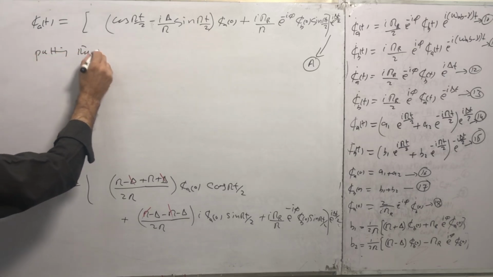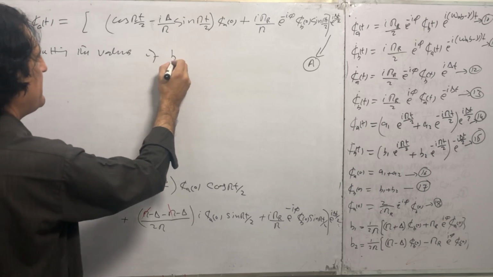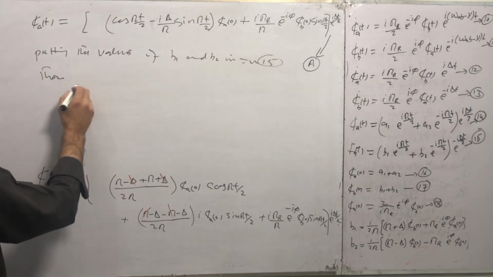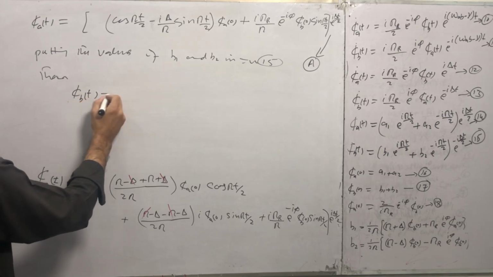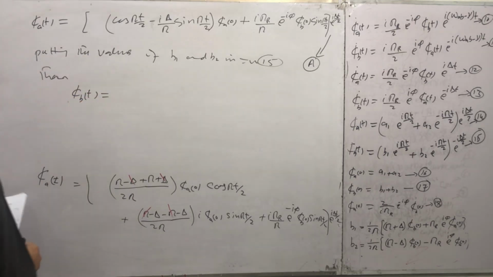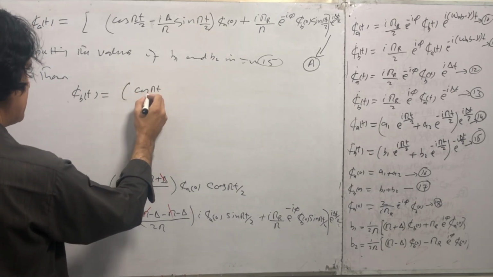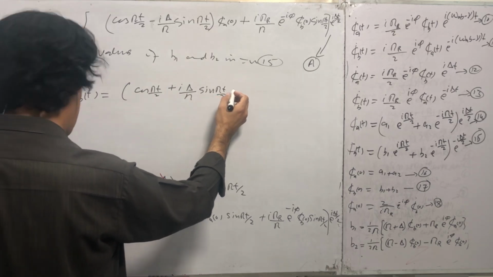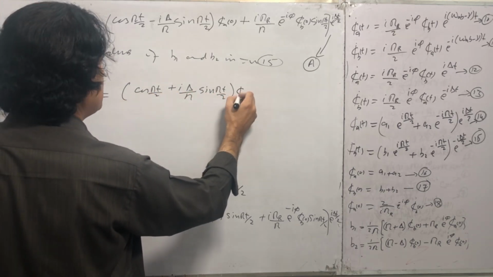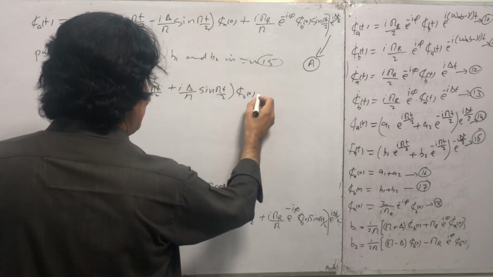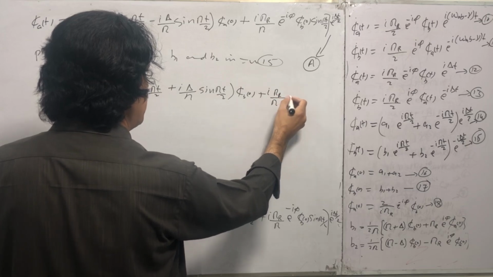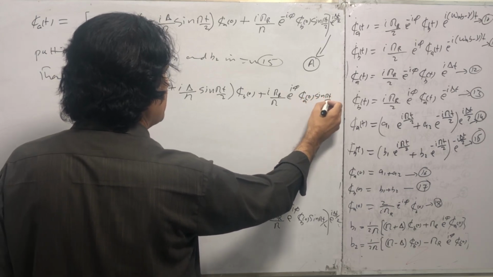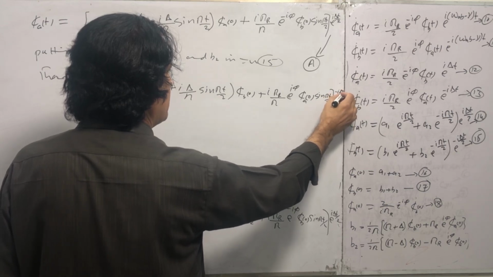C_B(t) will be equal to cos(ωt) divided by 2 plus iΔ divided by ω sin(ωt) divided by 2, and here you can take common C_B(0), and plus i Ω_R divided by ω e to the power iφ, C_A(0) sin(ωt) divided by 2 and e to the power minus iΔt divided by 2.